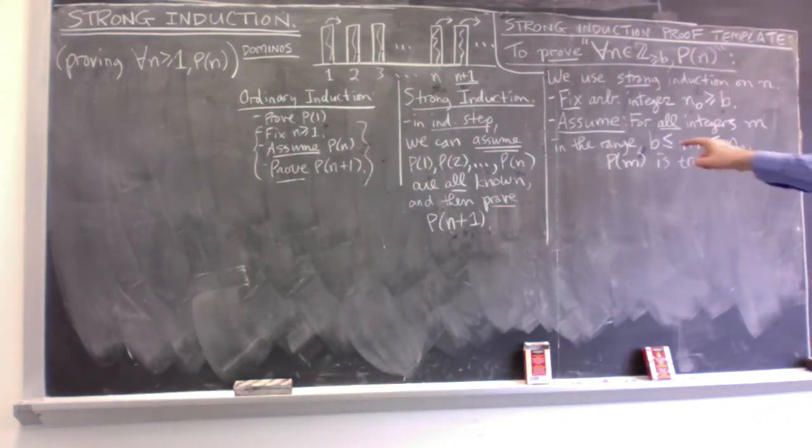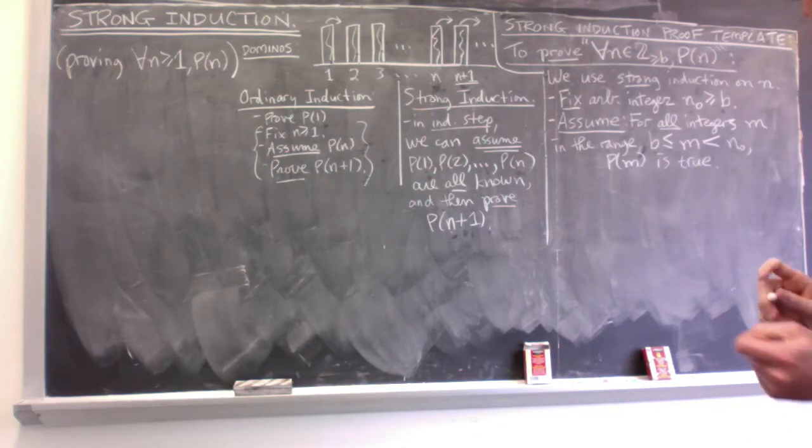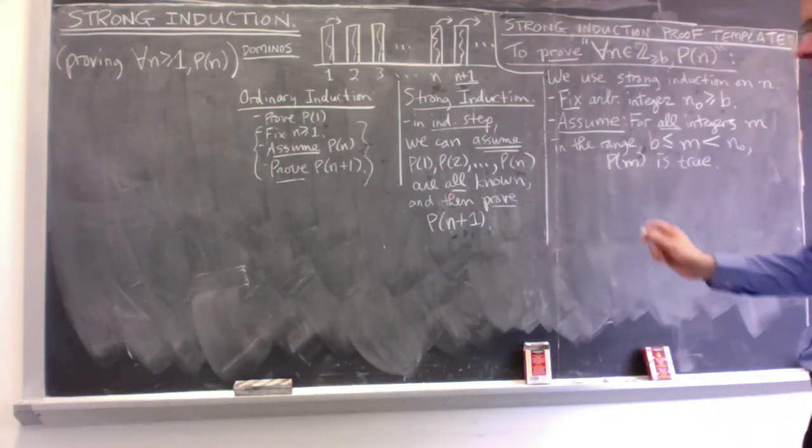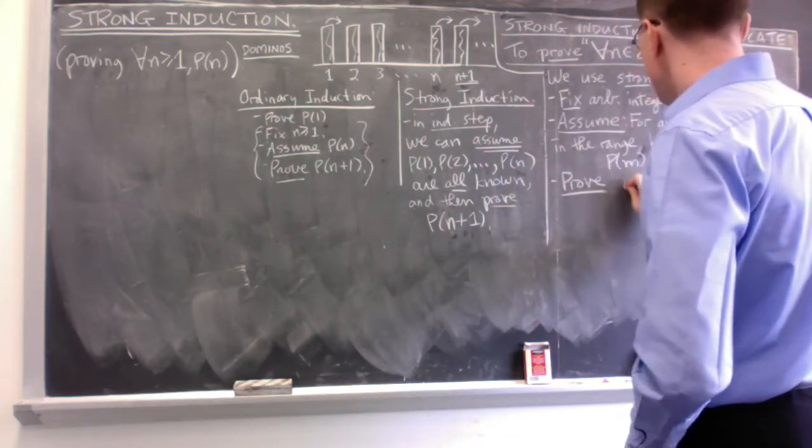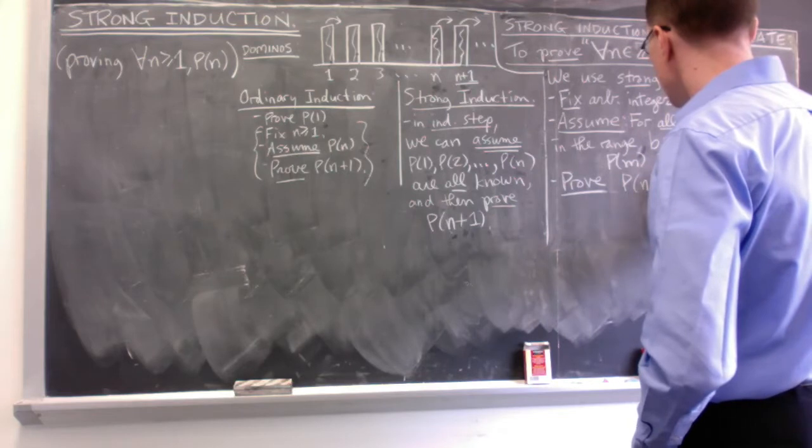Okay, so we're going to assume p of b, and p of b plus 1, and p of b plus 2, dot, dot, dot, all the way to p of n naught minus 1, essentially. All those get assumed. And then the goal is to prove p of n naught is true.